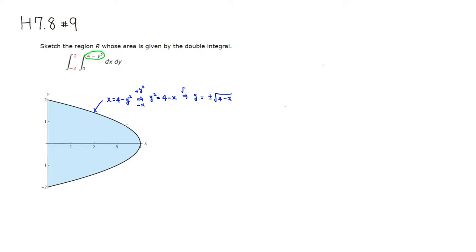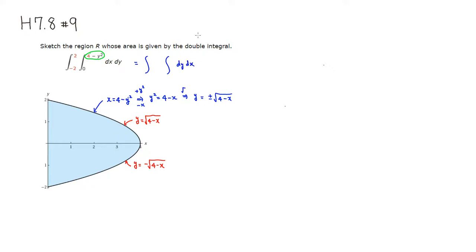Here, the top one is y equals the positive square root of 4 minus x, and the bottom one is y equals the negative square root of 4 minus x. If we want to switch the order of integration, we're going to integrate with respect to y first, so dy and dx.